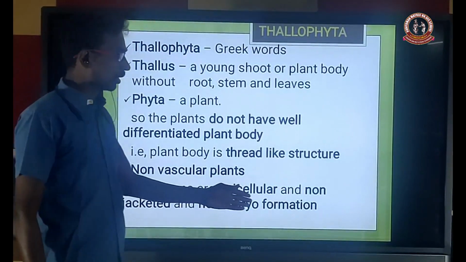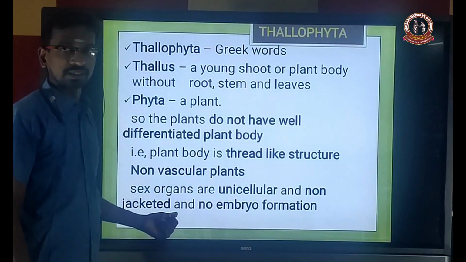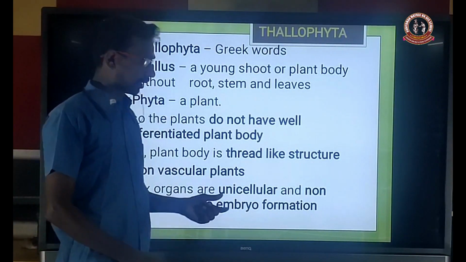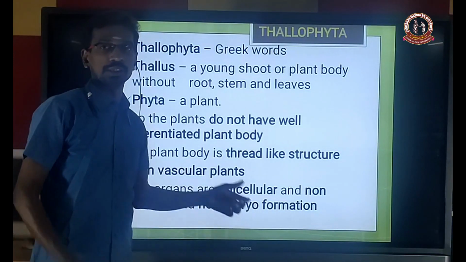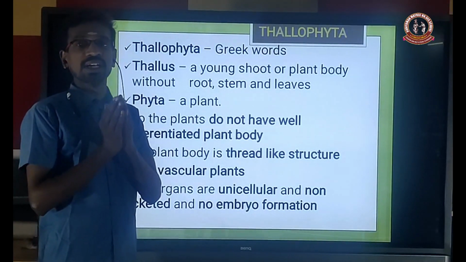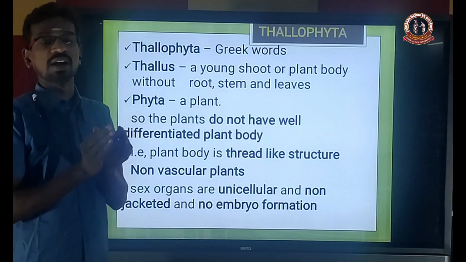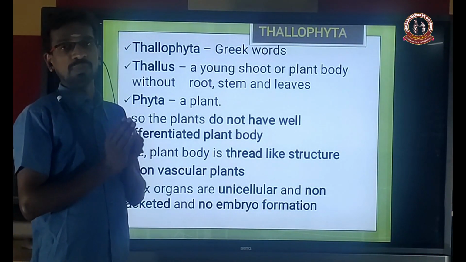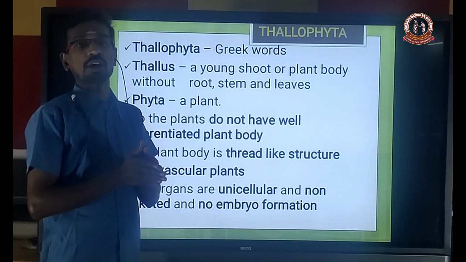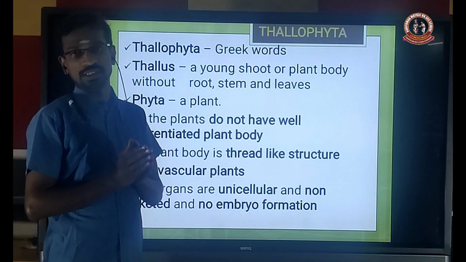The sex organs are unicellular and non-jacketed, and there is no embryo formation. Unicellular means the sex organ is made up of only a single cell, and non-jacketed means it is not covered by a protective layer. In Bryophyta, the sex organs are protected by a jacket layer, a sterile layer.